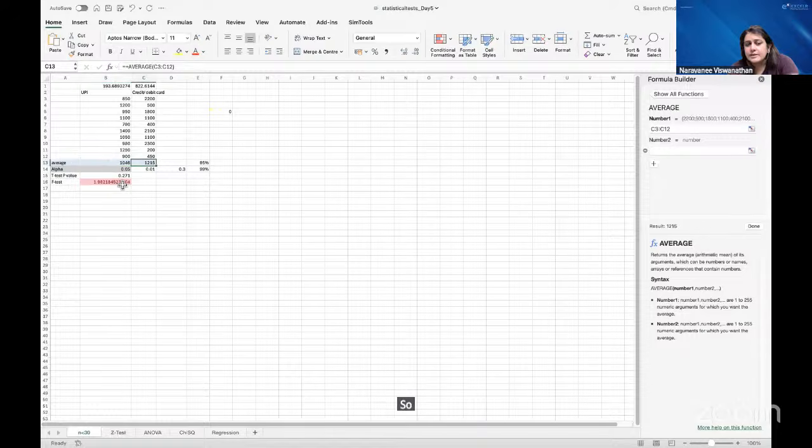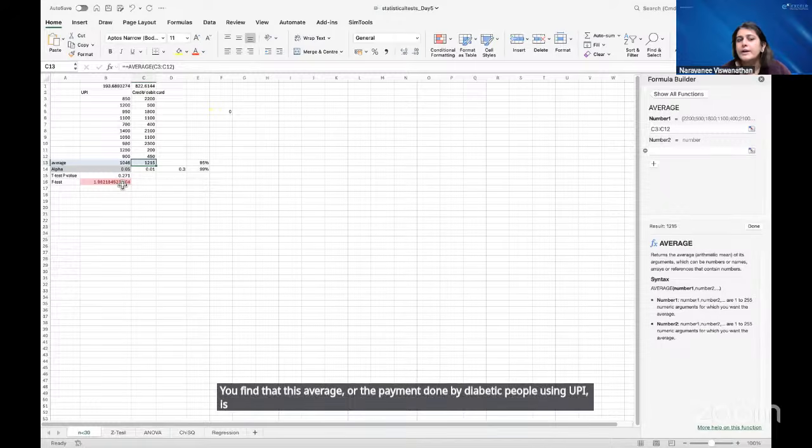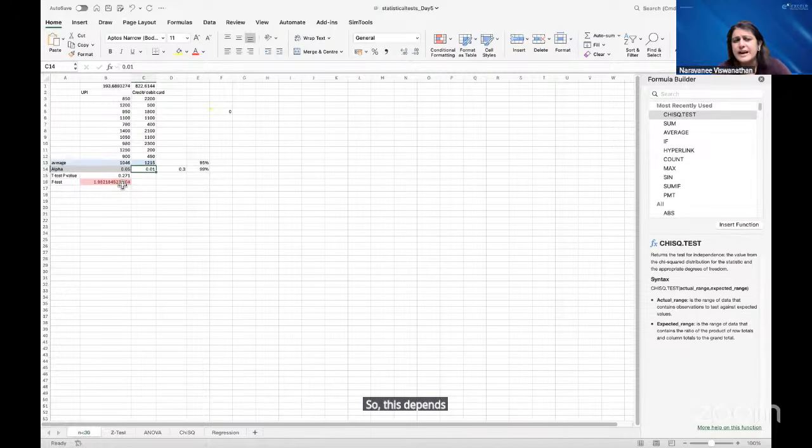So at a 30% alpha or a 0.3 alpha level, you find that the payment done by diabetic people using UPI is significantly different from the payment done using credit card. Okay. So this depends on certain categories. We fix this number. Is it clear, everyone? Am I making sense? What is alpha?